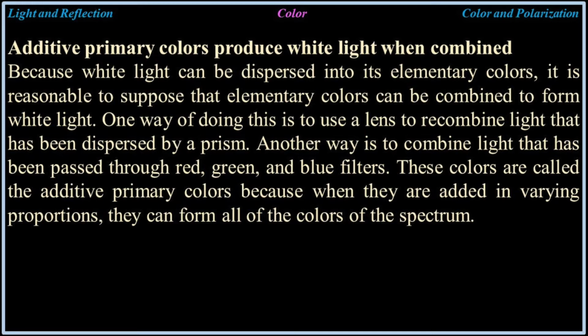One way of doing this is to use a lens to recombine light that has been dispersed by a prism. Another way is to combine light that has been passed through red, green, and blue filters. These colors are called the additive primary colors because when they are added in varying proportions, they can form all the colors of the spectrum.